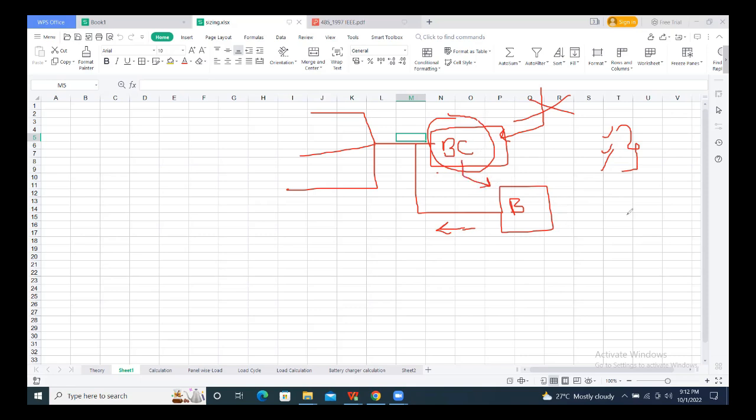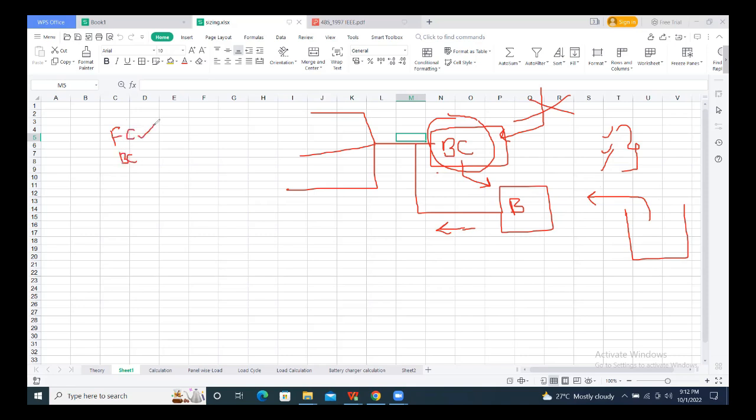I am charging this battery, and when required, it is discharging. This is how it generally works, like our cell phone battery. Simple. There are two types of charging in the battery charger: one is float charging, one is boost charging.